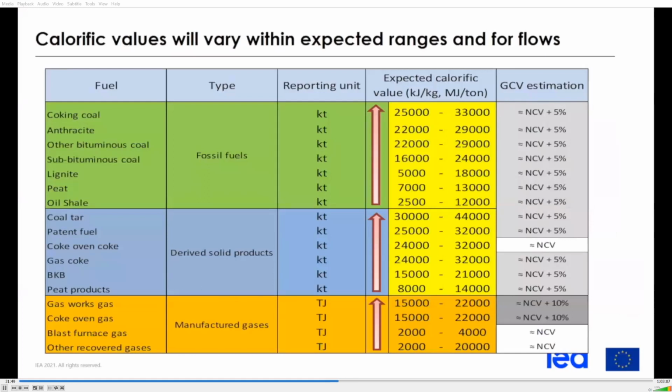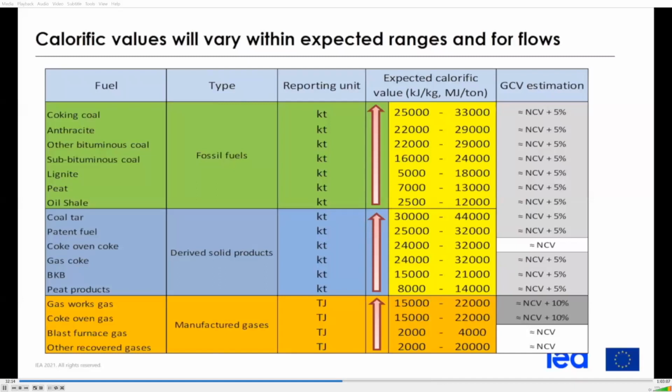One last part on calorific value. As I told you, we expect it to vary depending on the flows of consumption, but we do not expect it to vary in a very large way. We expect the calorific value of each product to be within a specific range.